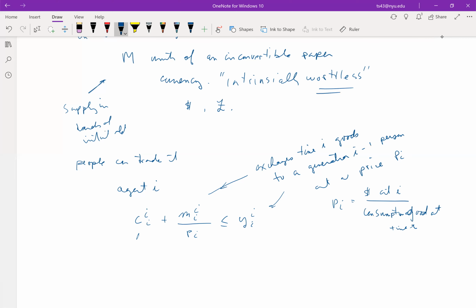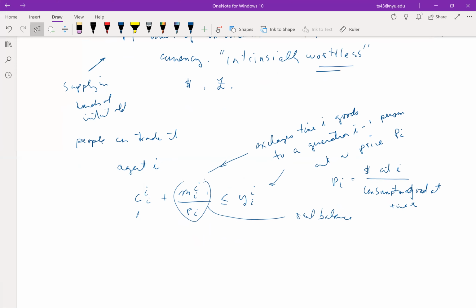So this quantity here, that's so-called real balances. It's savings in the form of money, denominated real balances.